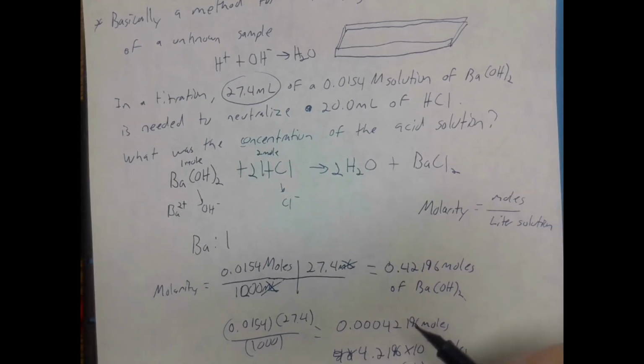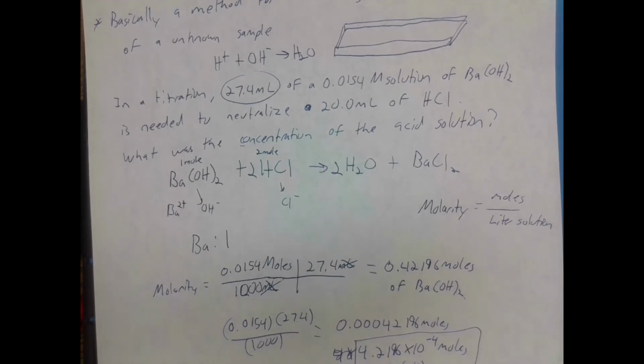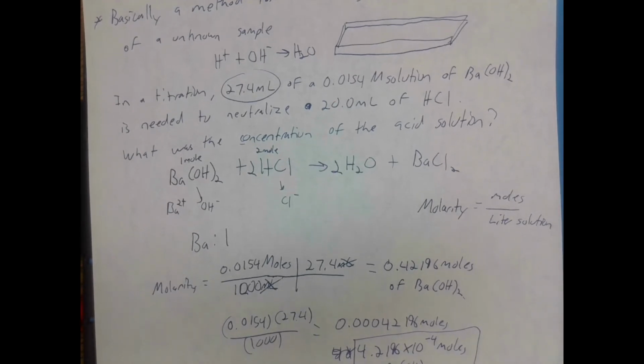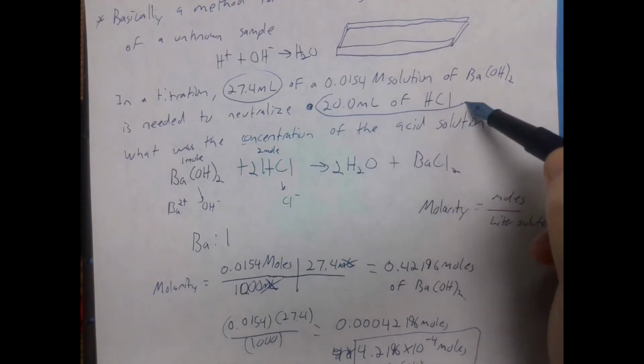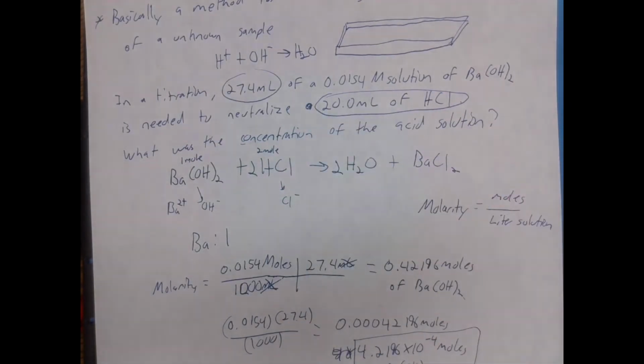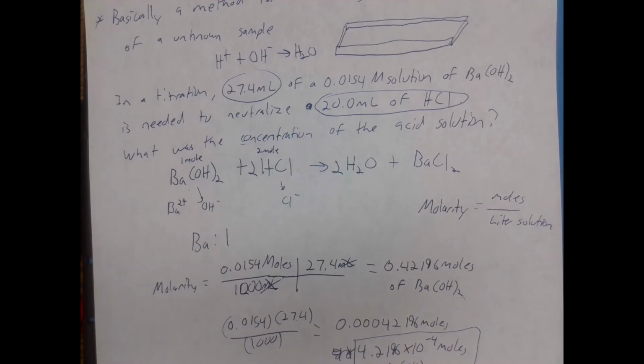So this is how many moles I have, and what's the ratio I'm adding. So I neutralize when I added this amount of HCl, my solution. But I know it neutralizes whenever I have a 1 to 2 ratio.